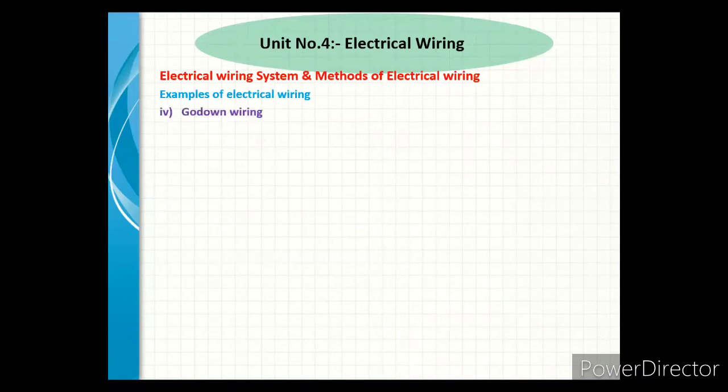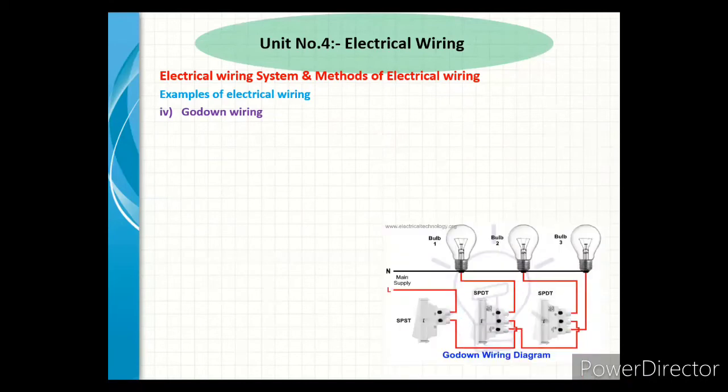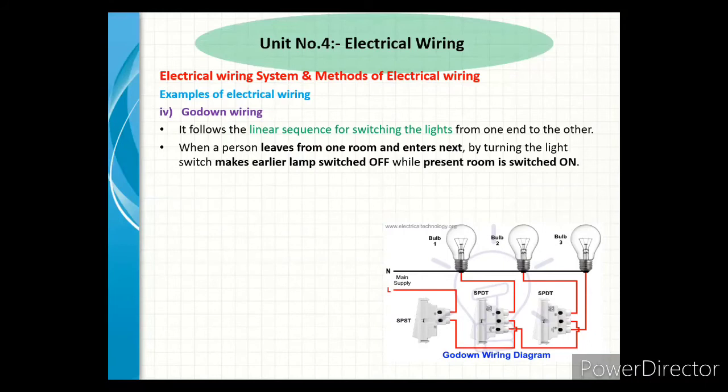Our fourth type is godown wiring. It follows a linear sequence for switching the light from one end to the other. When a person leaves one room and enters the next by turning the light switch, the earlier lamp switches off while the present room is switched on.